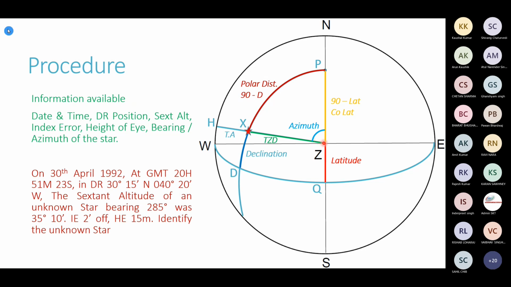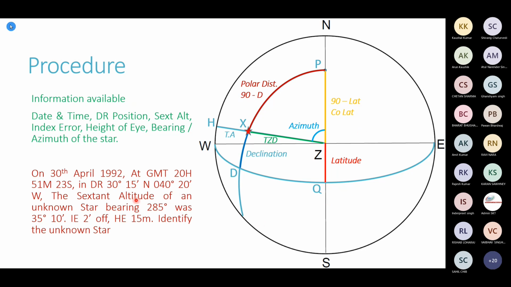Now in this triangle PZX, we have the PZX triangle in our rational horizon diagram now. Let's try to identify the parts which are known to us, about which the information is given in the question. You see the side PZ of the triangle is 90 minus latitude.